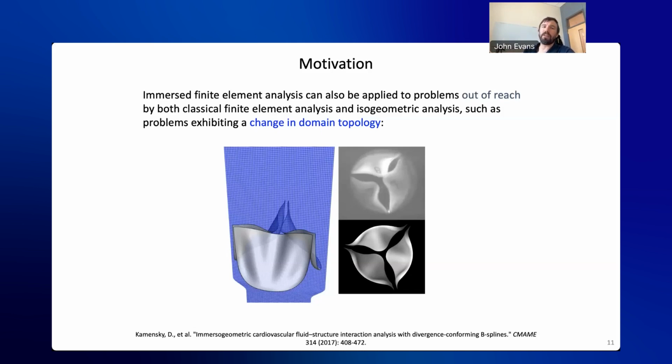And if you try to treat this problem with classical finite element analysis in a paradigm such as an arbitrary Lagrangian Eulerian approach, where you actually move the fluidic mesh as the valve and potentially the blood vessels around that are moving, what you find is you often collapse many of your elements down to zero volume, and this can lead to blow up of code.